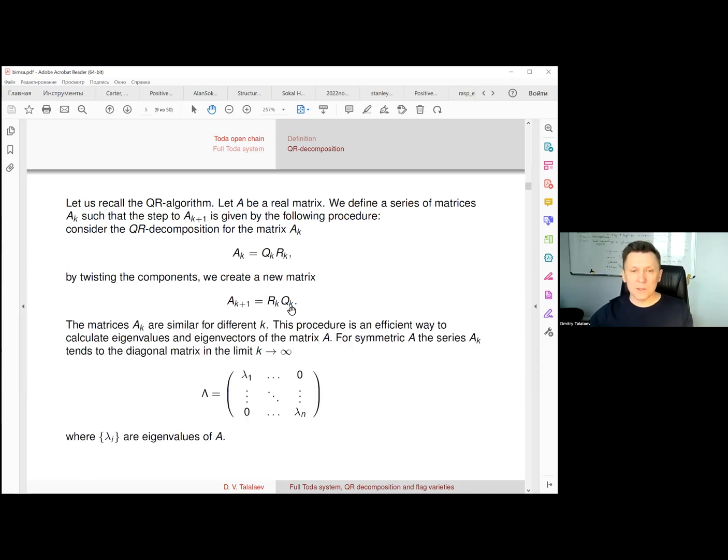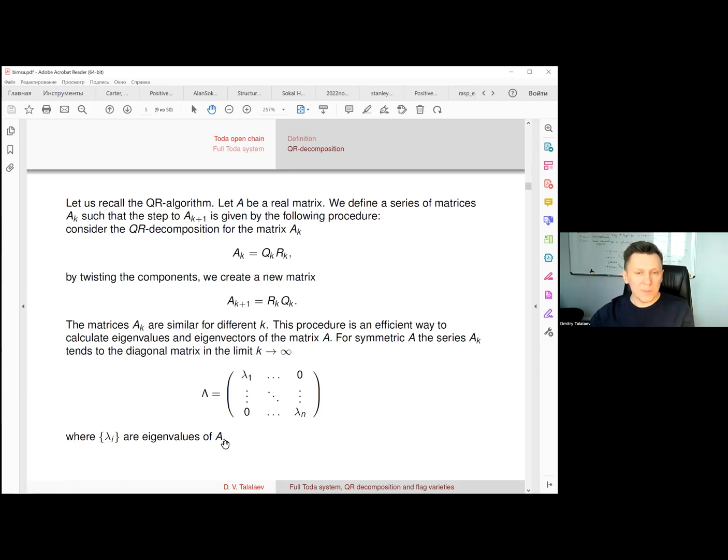It appears that this discrete dynamical system is an efficient way to calculate eigenvalues and eigenvectors of a matrix A. More precisely, the matrices A_k are similar for different k, so they share the same eigenvalues, and for example, for a symmetric matrix A, this series A_k tends to a diagonal matrix with the same eigenvalues.